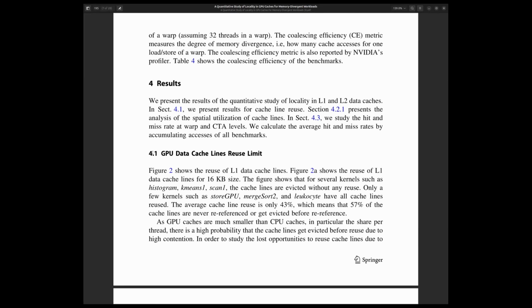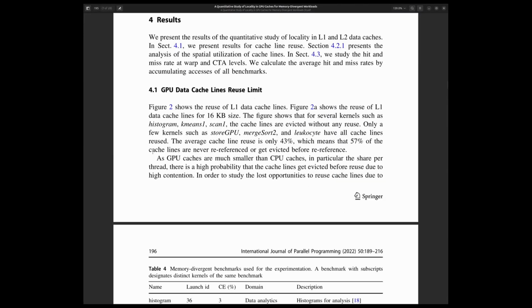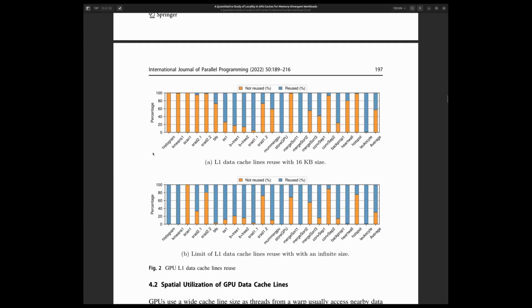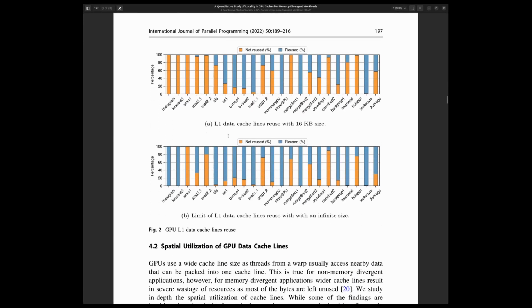And they try to understand how much cache line reuse is possible if cache size wasn't a bottleneck. This allows us to see the level of cache line reuse that we can optimize for within GPUs.